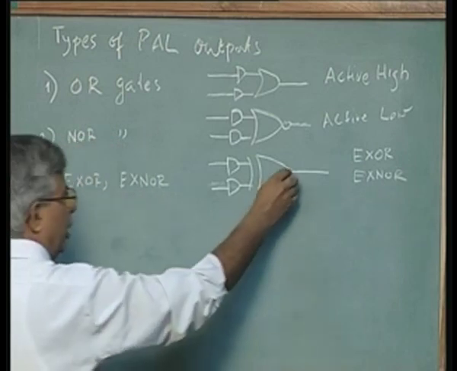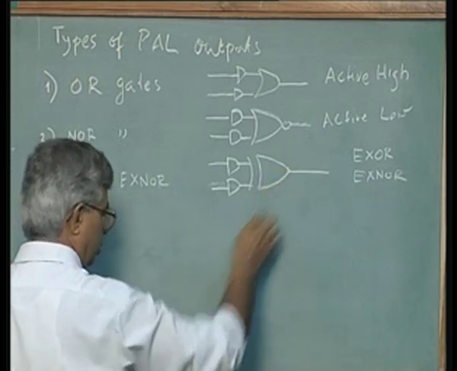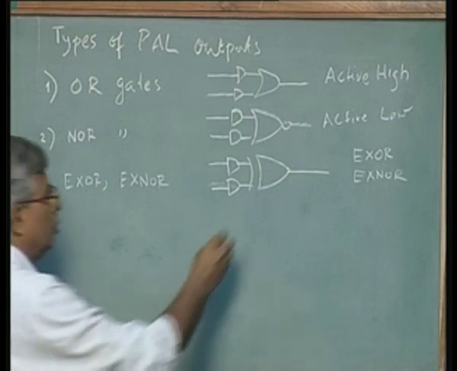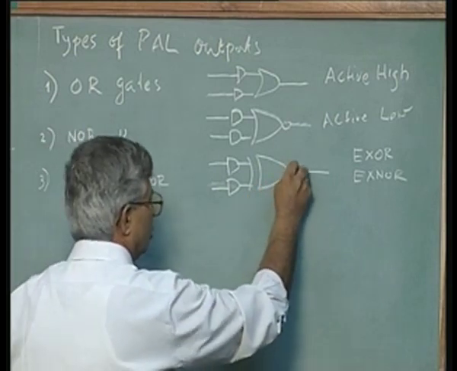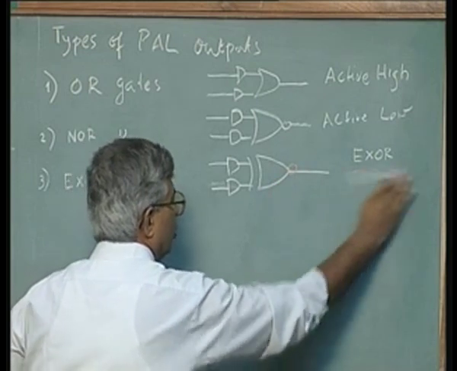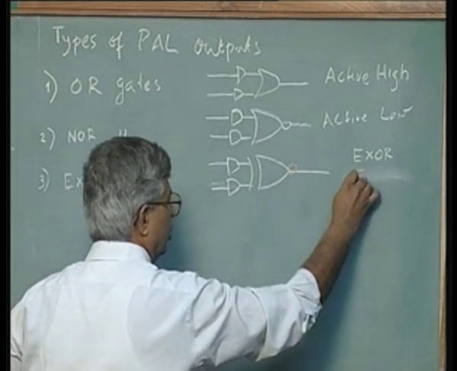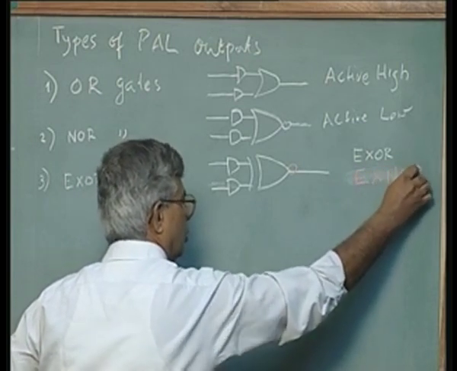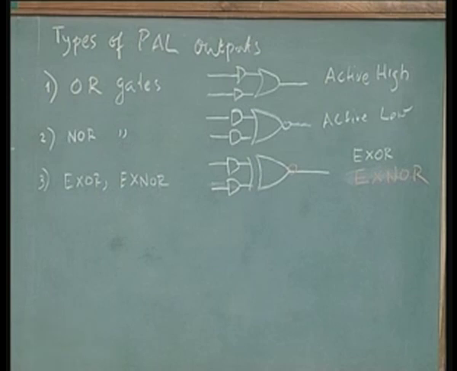If it is XNOR, I will put an inverter. So, I will put this bubble with a color. If that bubble comes, it becomes XNOR. More interestingly, you can also have an output called a registered output.